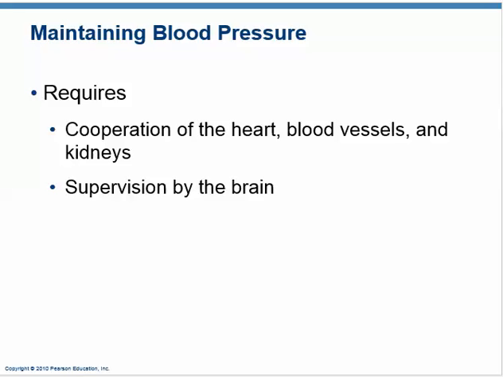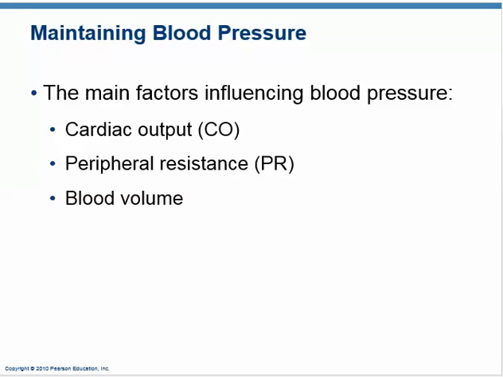The brain is monitoring blood flow and basically oxygen levels in the various tissues, and responds homeostatically to those imbalances. So the blood pressure is all about cardiac output, peripheral resistance, and the amount of blood. And you can change blood pressure by any of those things.